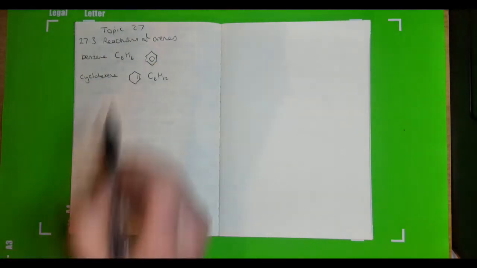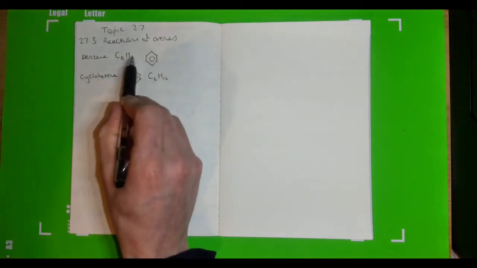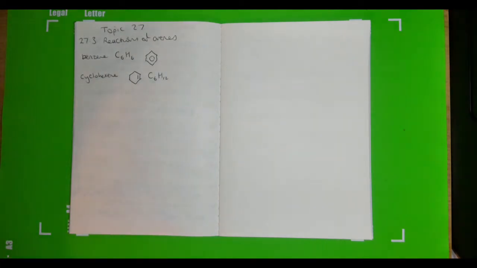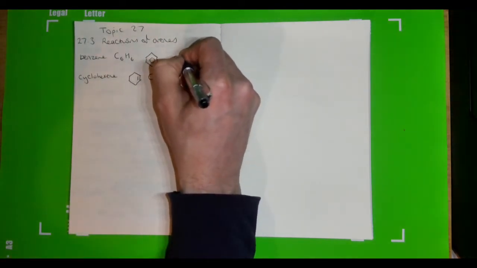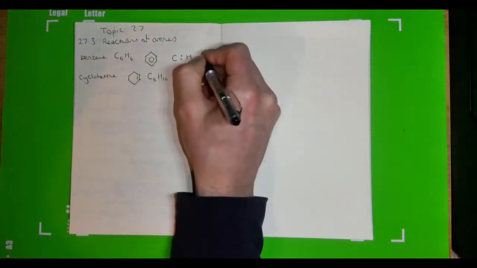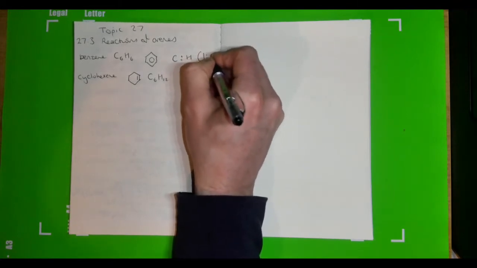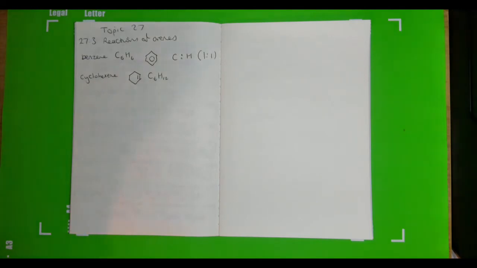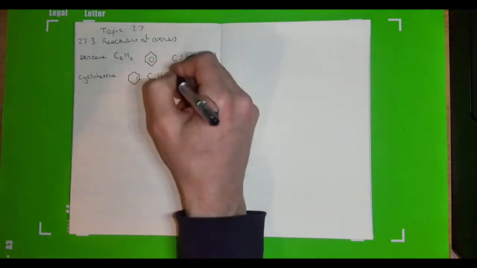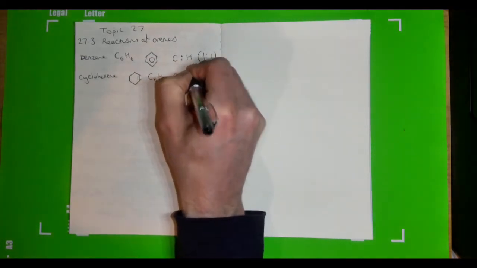So we can work out the carbon to hydrogen ratio in benzene and cyclohexene. In benzene, the carbon to hydrogen ratio is 1:1, because a 6:6 ratio is the same as a 1:1 ratio. The carbon to hydrogen ratio in cyclohexene is actually 1:2.